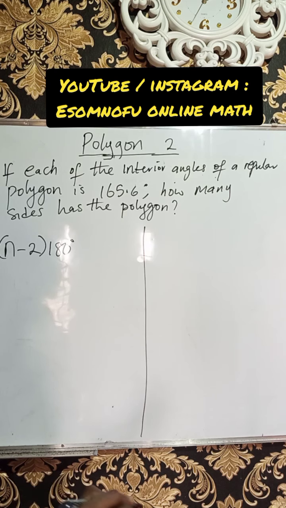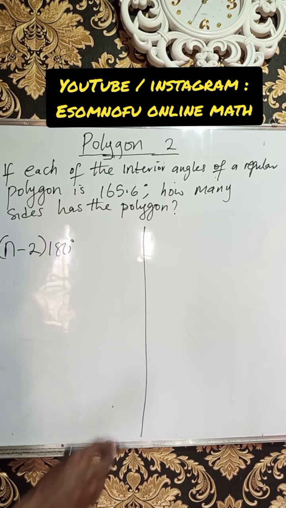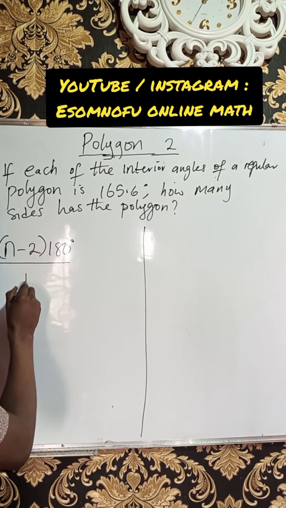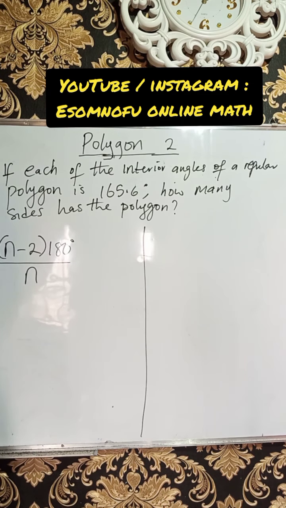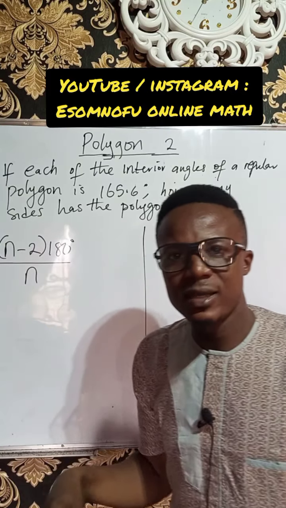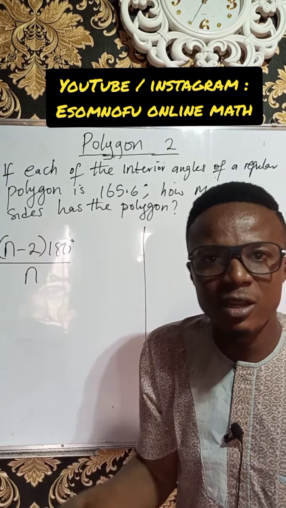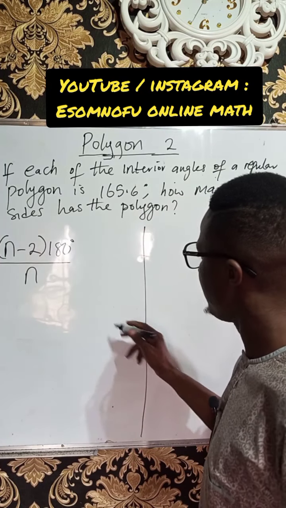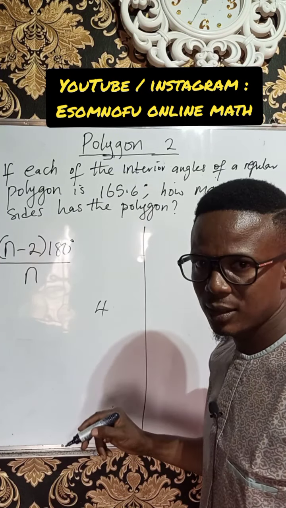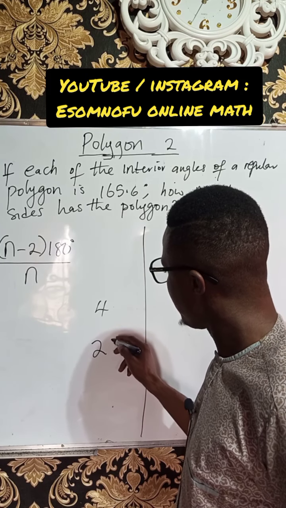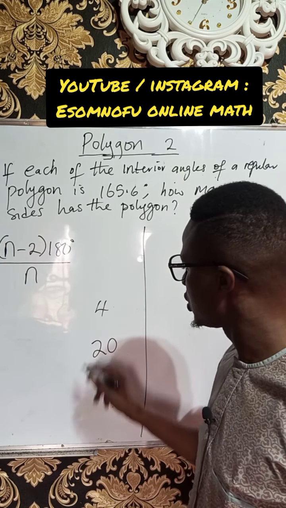So if I want to know the value of each angle, I will divide the total sum of angles, which is this, by the total sides the polygon has. So the sum of angles divided by the number of sides will give me the value of each angle. For example, assuming a father has 4 children and the total money the father kept for the children is 20 naira.